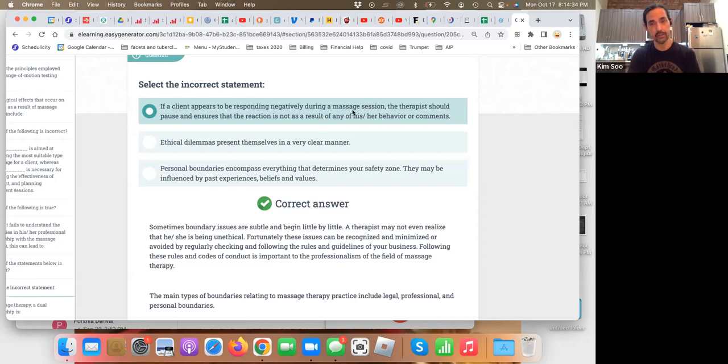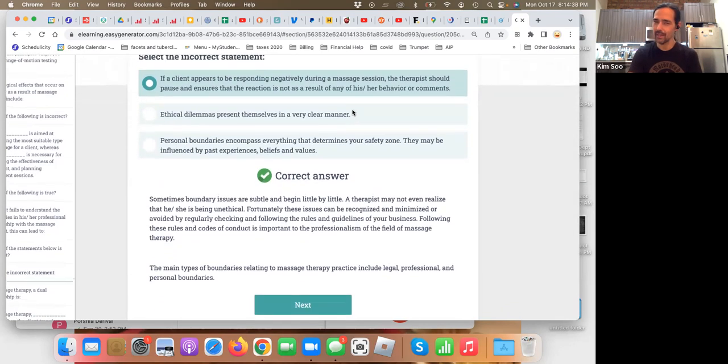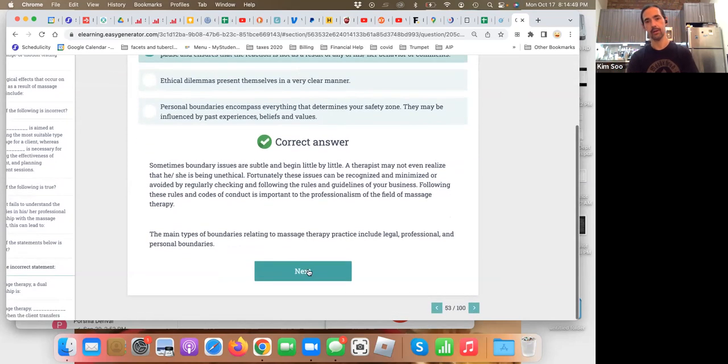You agree on that? I wouldn't. I see that MBLEx wants that, but I don't agree with that in practice. But again, we're separating clinical from MBLEx, right? We're separating the test out from clinical. All right, let's move on.